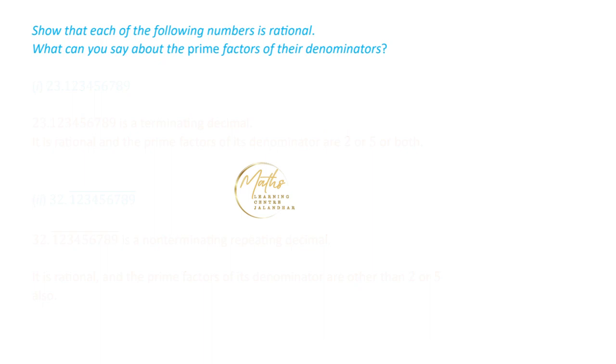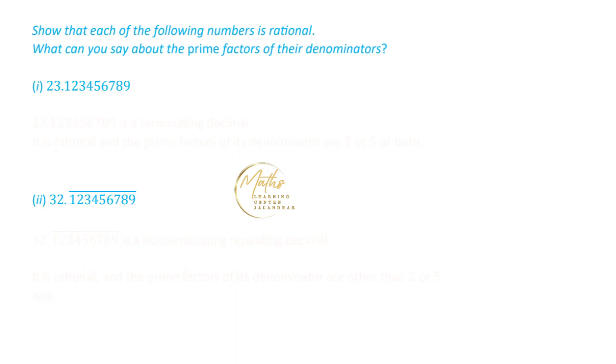Now next, we are given two numbers, and we have to tell whether both of these numbers are rational. If they are rational, then we have to tell what the prime factors of their denominator will be if we write these numbers in the form p by q.